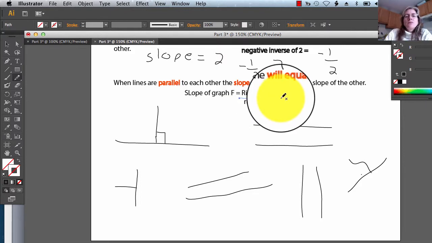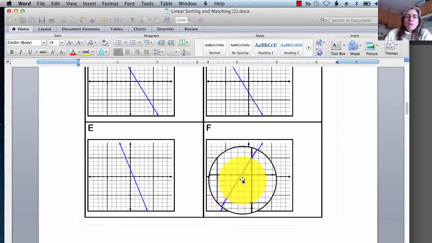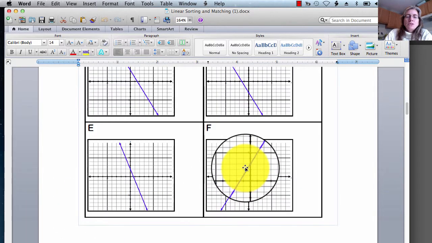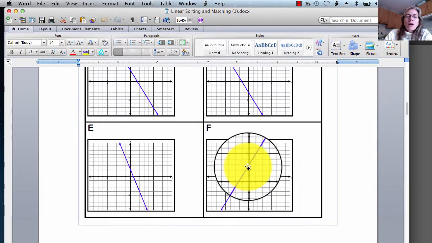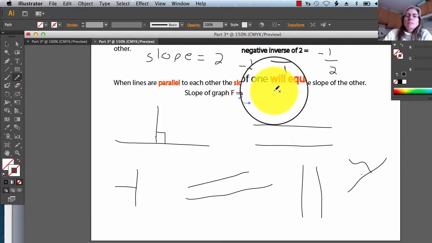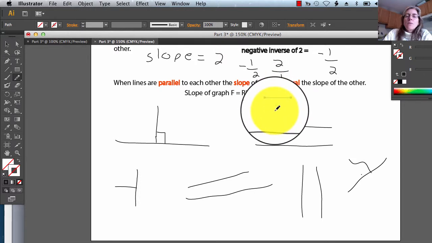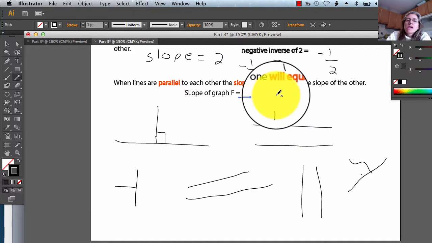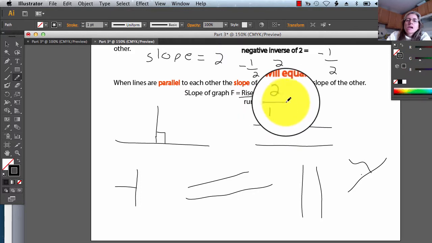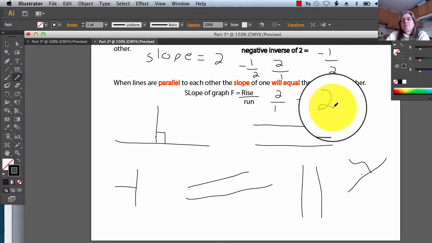So the rise over the run is just what we said it was 2 seconds ago, which was up 2 to the right 1. So that's positive 2, positive 1. Up 2 to the right 1. So that means the slope equals 2.